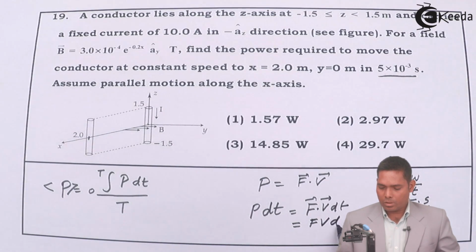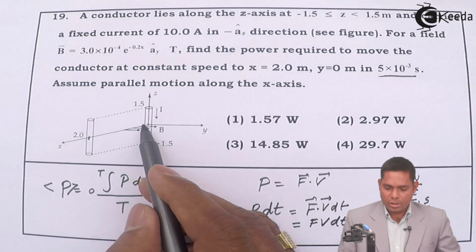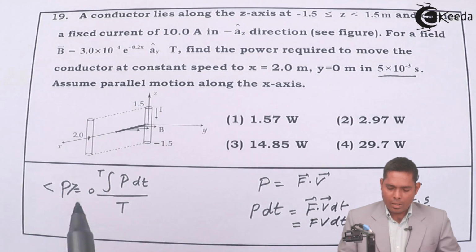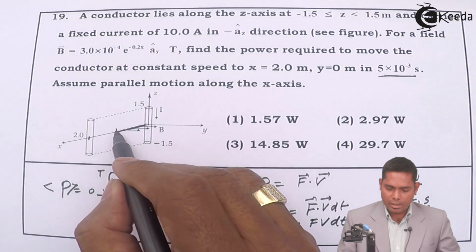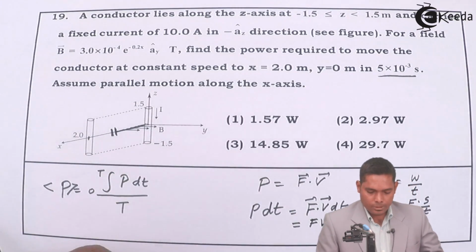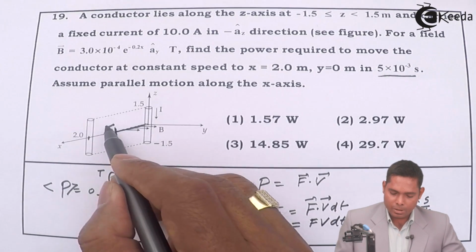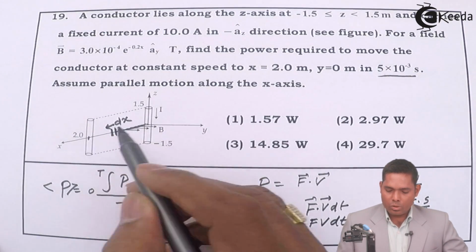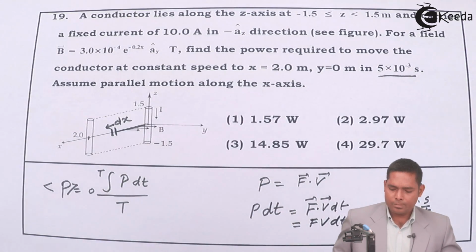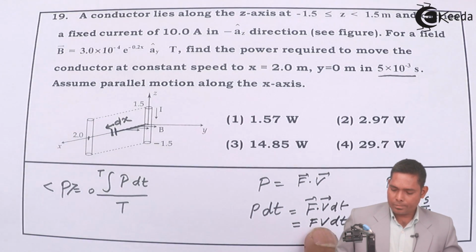So this is only F V dt, and V dt is nothing but dx, because the conductor has to move along this line. At a distance x here, we have a little displacement dx. How fast or slow the conductor moves along this direction gives you the velocity v.